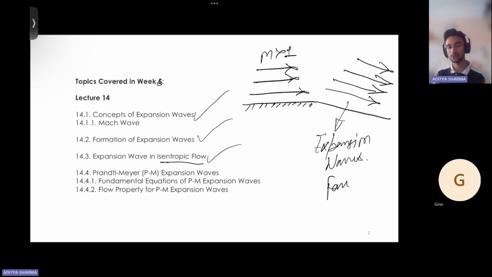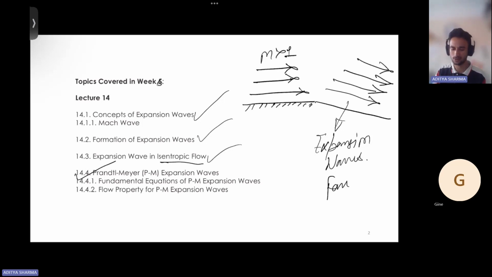The next topic is very important from the perspective of expansion waves. As it has been written here, it is Prandtl-Meyer expansion waves, right? The main point to be taken into consideration is this function, the Prandtl-Meyer function. Numericals often come from this particular function, right?